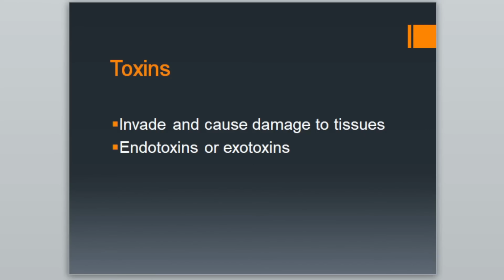Now coming towards the toxins. Certain pathogens are able to produce toxins. They are biological poisons that assist in their ability to invade and cause damage to the tissues. Toxins can be categorized as endotoxins or exotoxins.